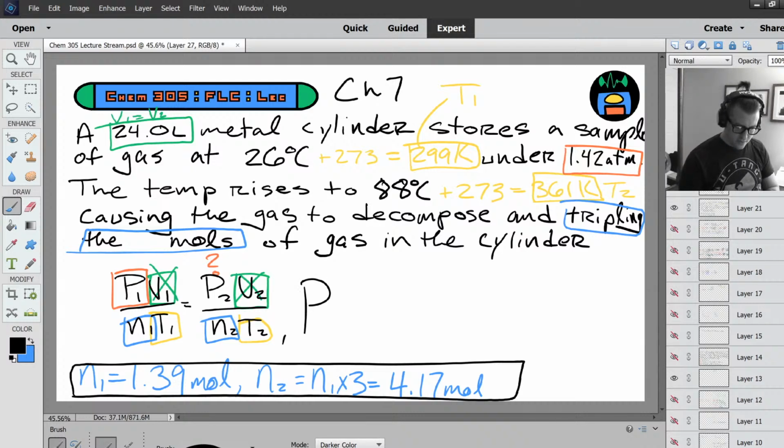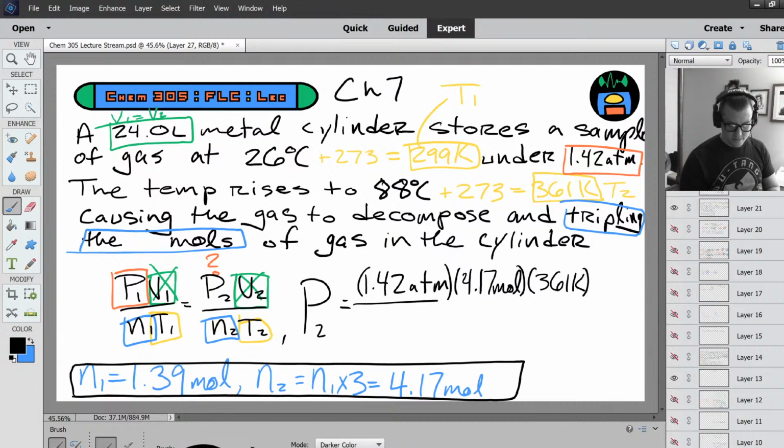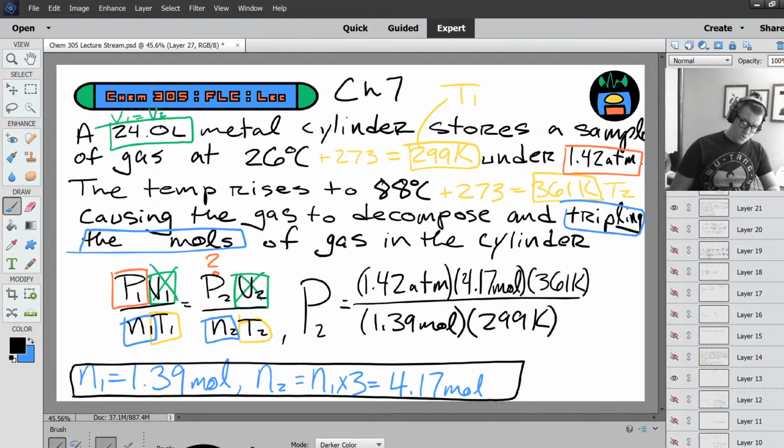So final pressure is equal to initial pressure, 1.42 atmospheres, times final moles, 4.17, times our final temperature, 361 Kelvin, over initial moles, which are 1.39, we solved for it in the previous step, and initial temperature, which is 299.